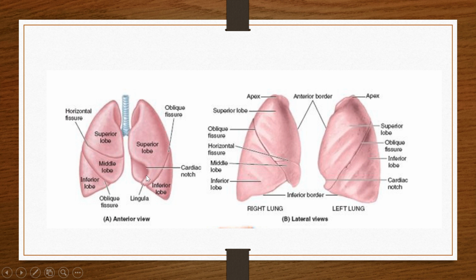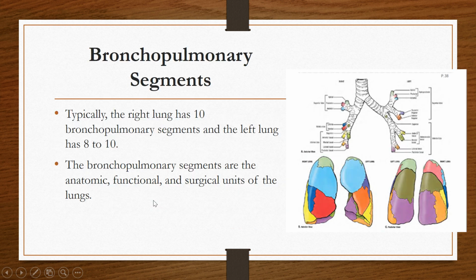Very clear here, cardiac notch, and there is a lingula, which is a tongue-like projection present below the cardiac notch or at the end of the cardiac notch in the anterior border of the left lung only. Now, each lobe of the lungs is divided into several bronchopulmonary segments.